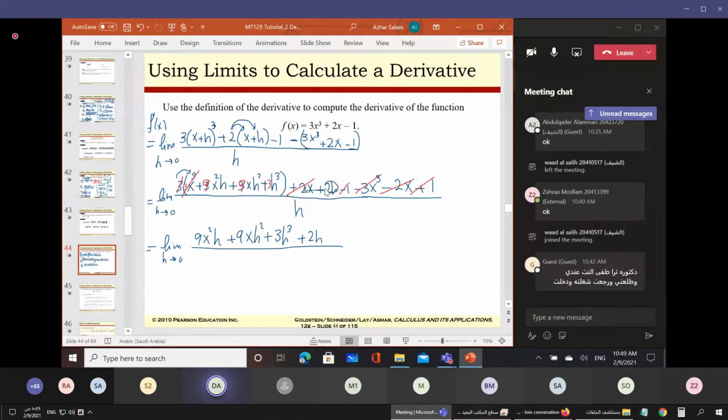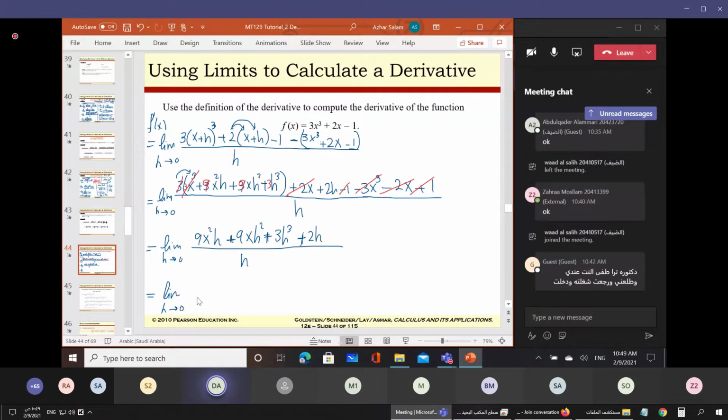This is the only remaining after the bracket, divided by h. Okay, notice now I have here 4 terms and each term has an h, so I can take h as a common factor.